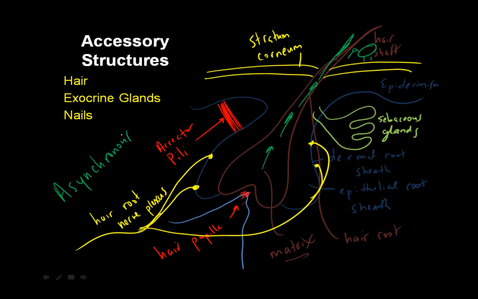So they're not working together, they don't all start their growth cycle at the same time. Each hair follicle, depending on the location of the body, has a particular amount of time that it's in a growth stage, and then they go into a resting stage of some particular time.